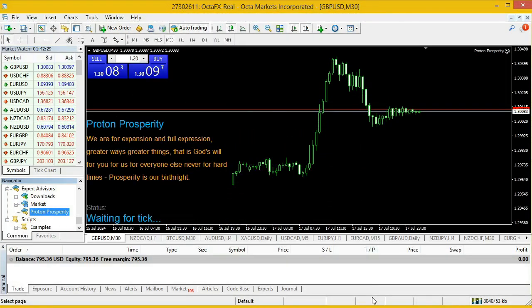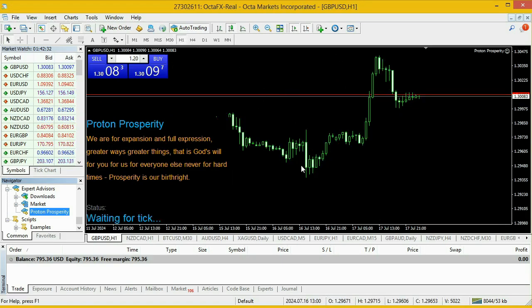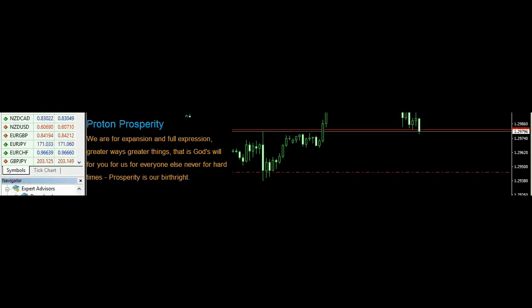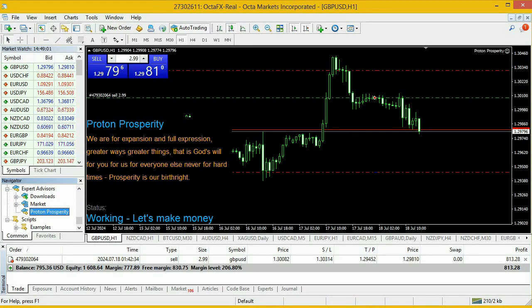The next trade is on the British pound and US dollar currency pair. Sell position executed, our stop loss, and take profit. This is where we are, around 13 hours later.